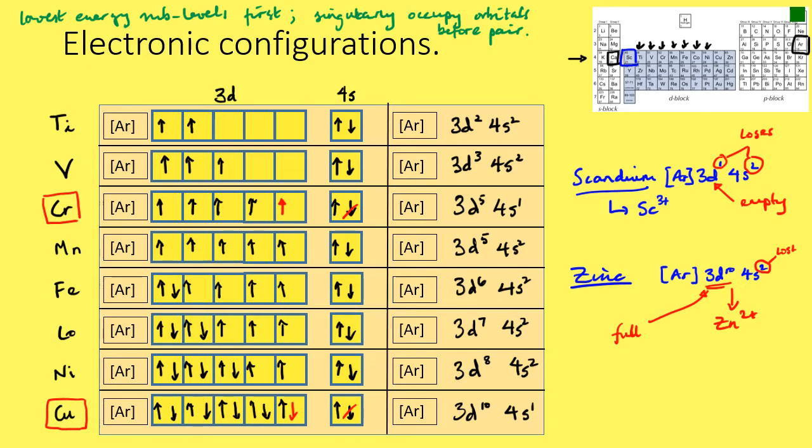So while we're on electronic configurations, why don't we explain why scandium and zinc aren't transition metals. So first of all, scandium. Okay, here's scandium here, and scandium would be 4s2 3d1, but when it forms ions, it forms scandium 3+ ions, and so the electrons that it loses are these two and the 3d electron.